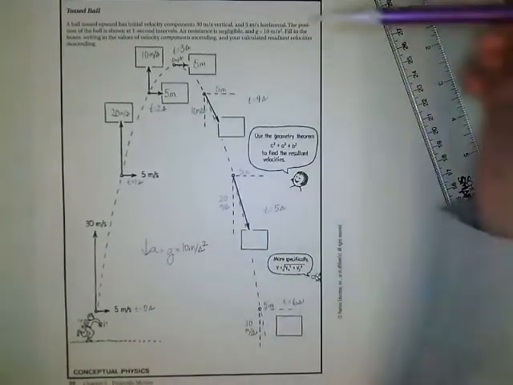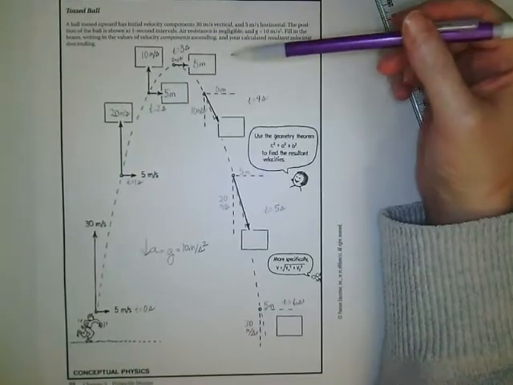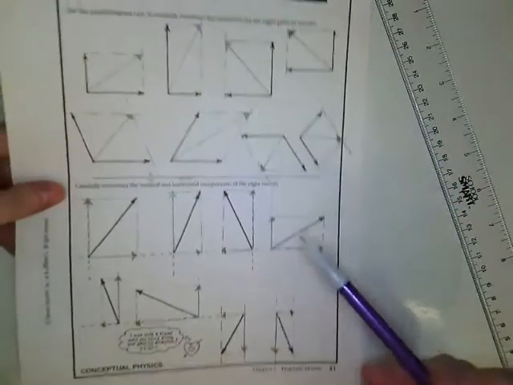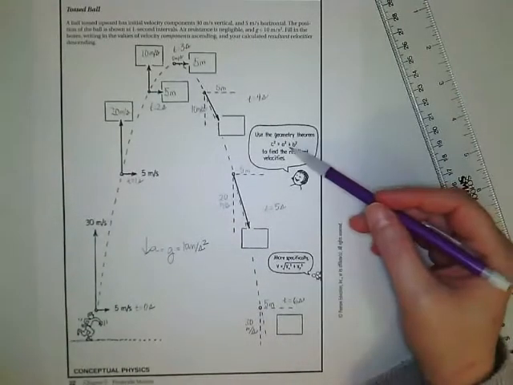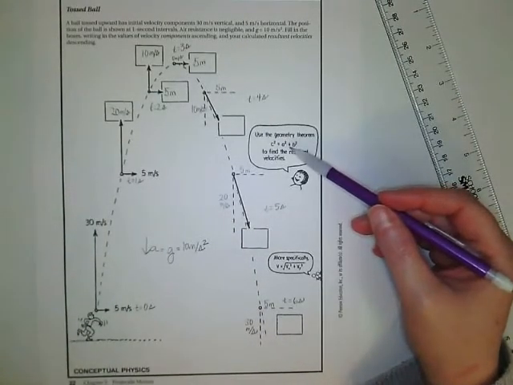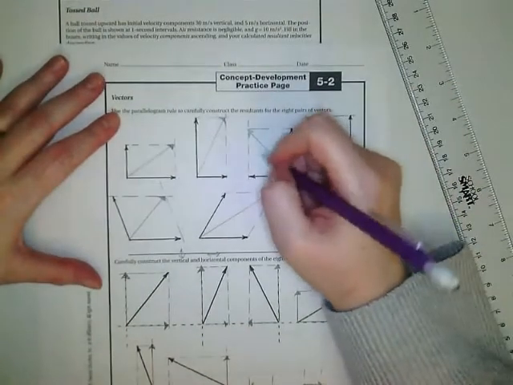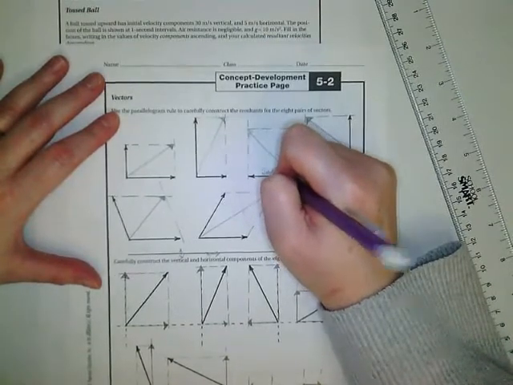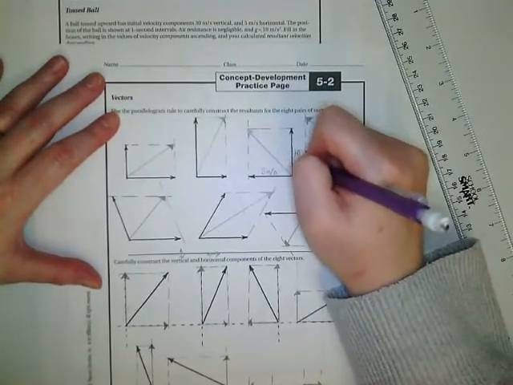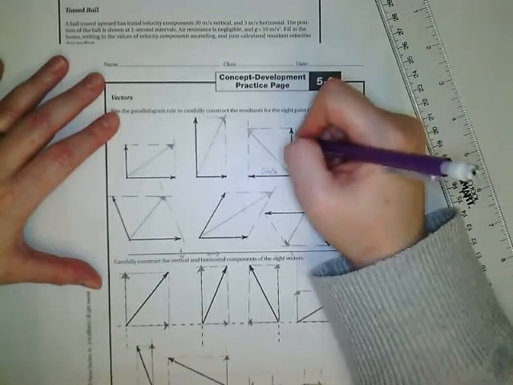Now we want to calculate the resultant velocities. We want to figure out what these resultants are. They remind us that we're talking about triangles here. If I know that this is 5 meters per second, and this is 10 meters per second, I have a triangle here.